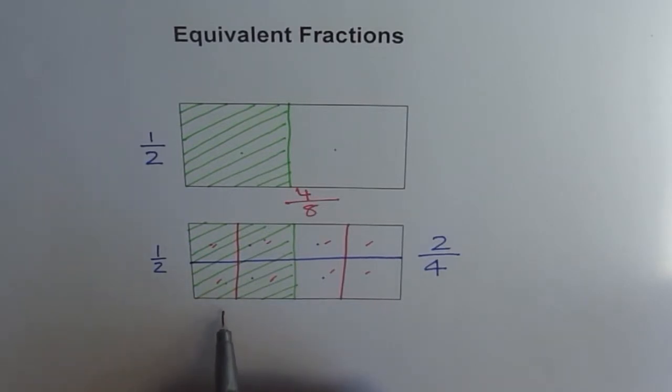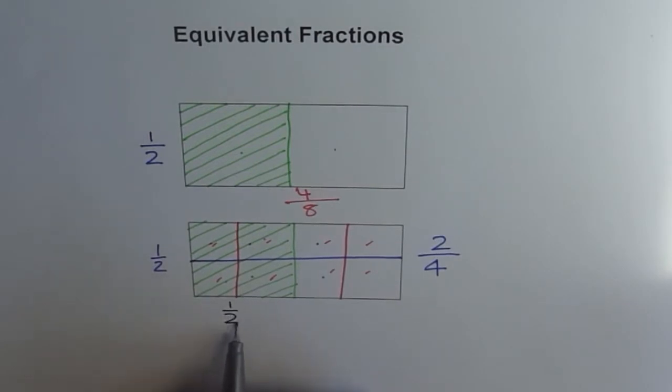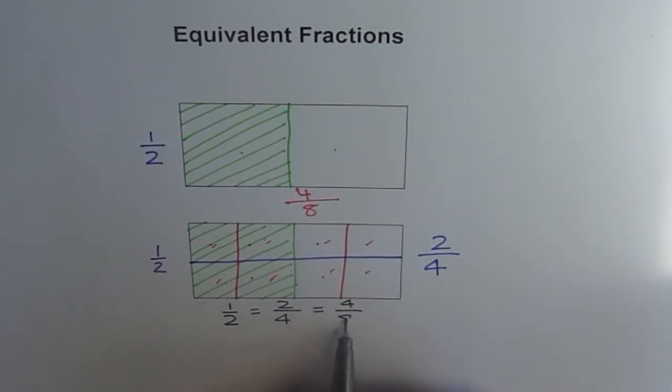So we'll end up saying that half is equivalent to 2 over 4, which is also equal to 4 over 8. All three things are equivalent. Okay. Do you see how we get them? We are dividing the same thing into more equal parts and then we get equivalent fractions.